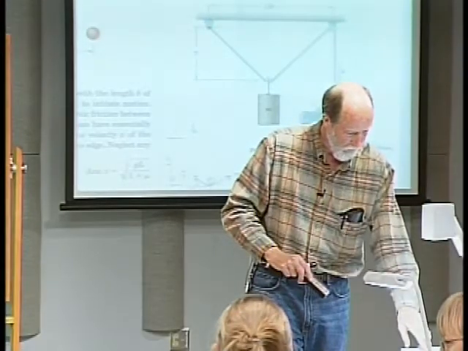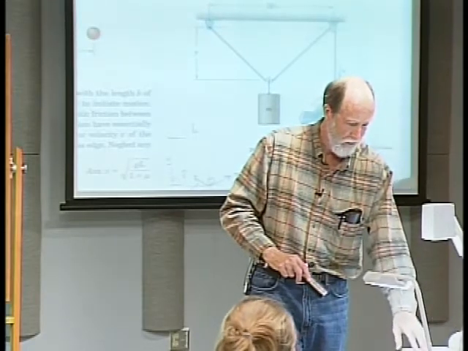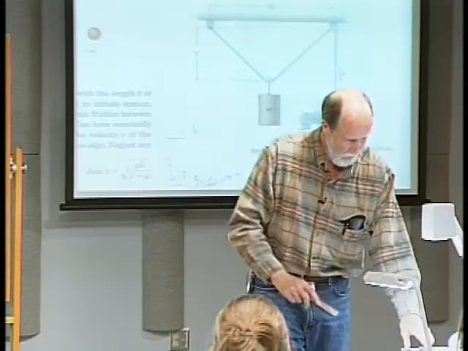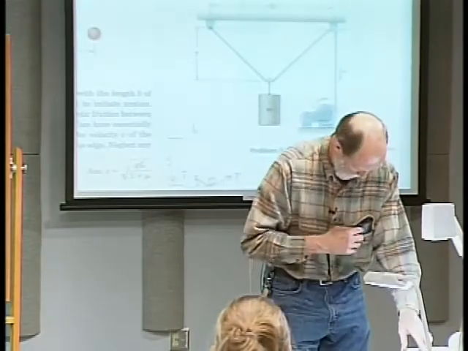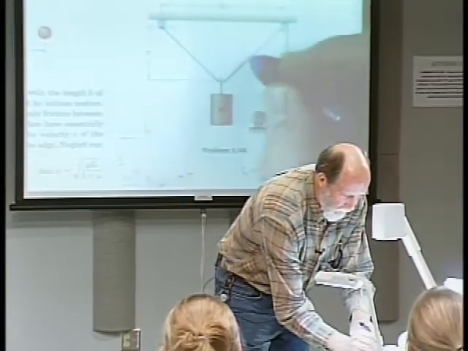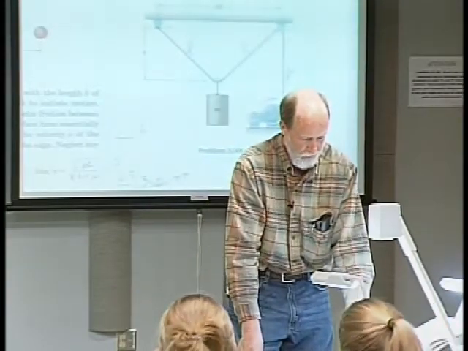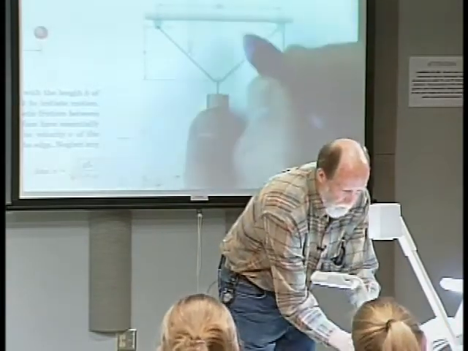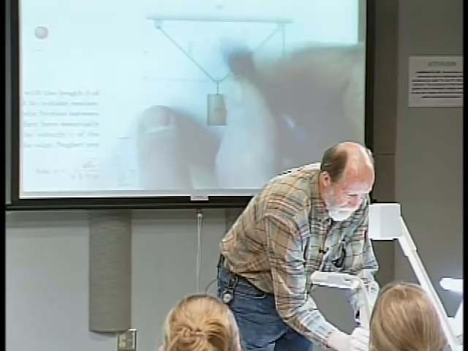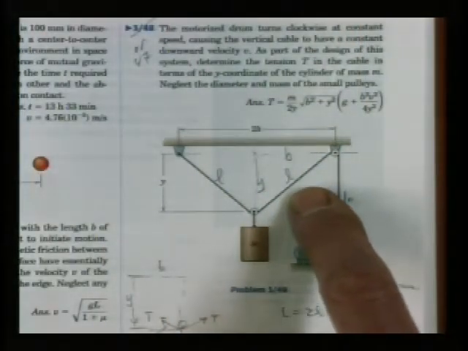Keep in mind that we've got something spooling up here on the drum, and you can tackle it the way that I described previously. What I wrote down here in the book, I called this L right here, and that's going to relate to b and y through a Pythagorean relationship.